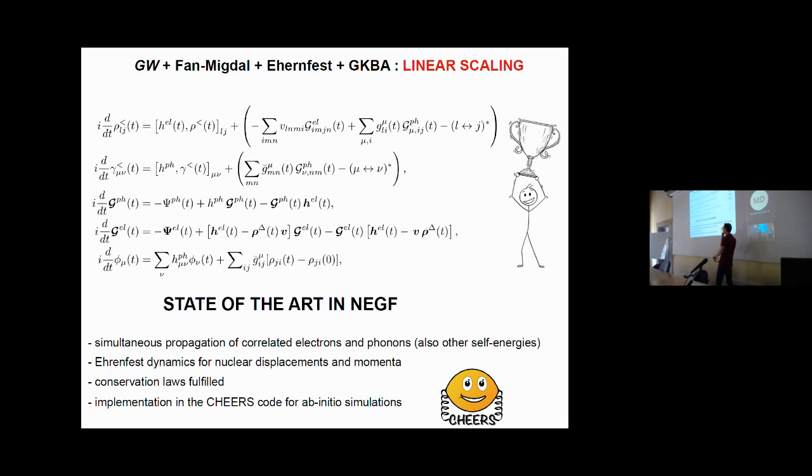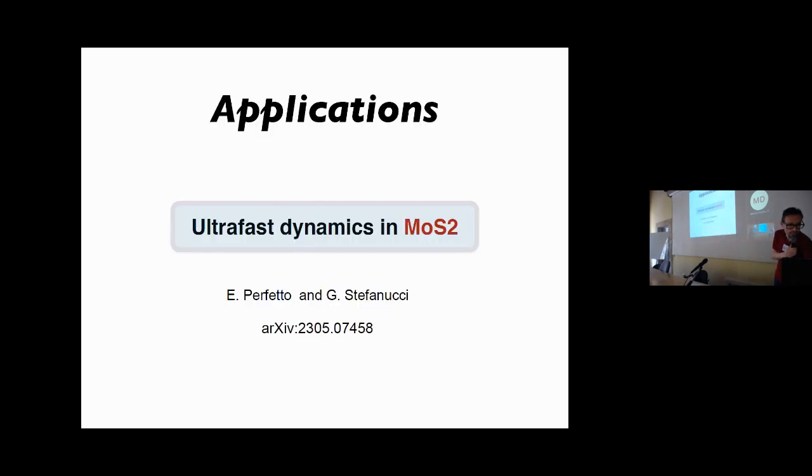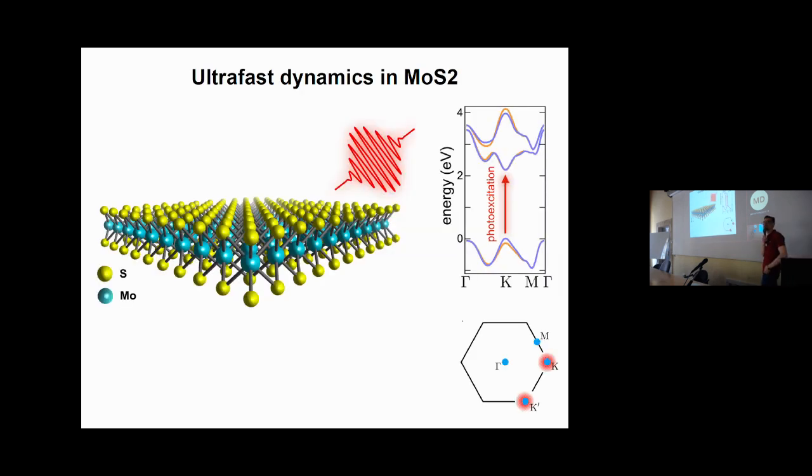From the numerical point of view, we have implemented this set of equations in our code, which is called Cheers. And I would like to spend the last minutes to show you an explicit application of what we can do. This is something very, very new. We have studied the real-time dynamics in molybdenum disulfide monolayer.